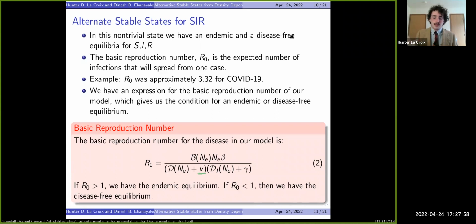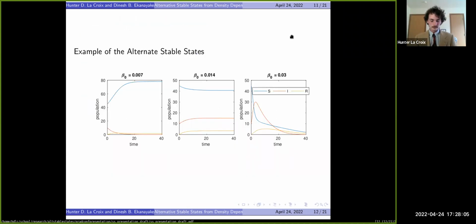Hypothetically, we could get the case where we increase vaccination so much that we instead go to the disease-free case. All right, and here are some examples of the former one, with beta being increased. It's doubling each time here. In our first case right here, the infection just dies out over time. The infected population is in orange. Over here, we have the endemic case. We finally increased beta so much that R naught is greater than 1.